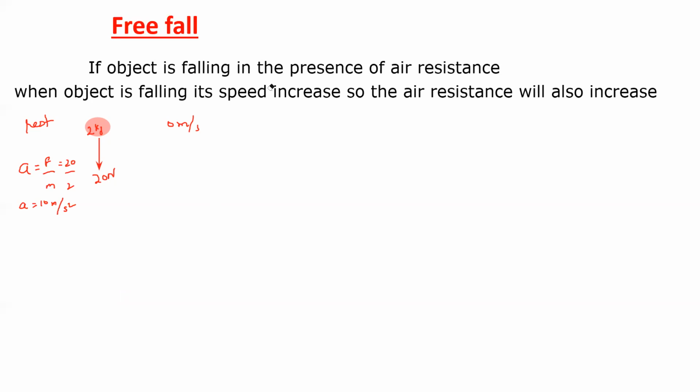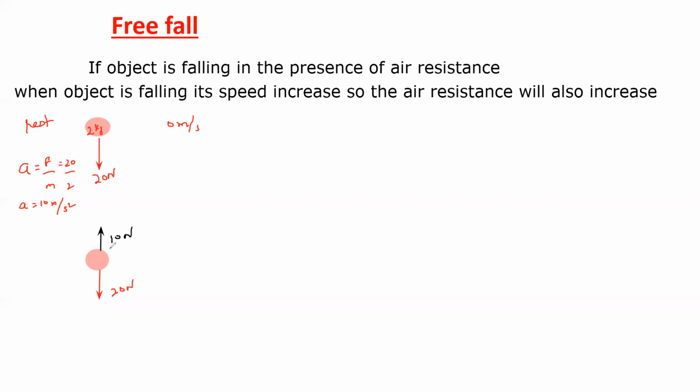Air resistance will always try to stop the object, to oppose the motion. So if the object is moving down, the air resistance will act upward. So if the weight of the object is 20, but because air resistance is there which will try to oppose, for example, the air resistance is 10 Newton.